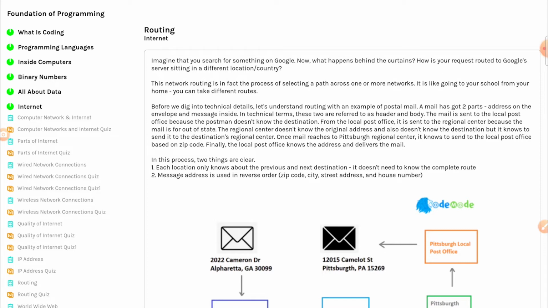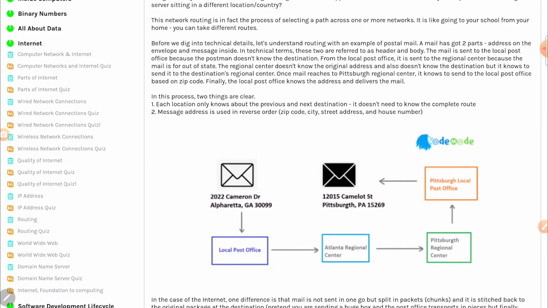Let's see that we send our postal mail from our home to a friend's home in another city. As you can see, a fictitious address, 2022 Cameron Drive, Alpharetta, Georgia, in the US, 30099.